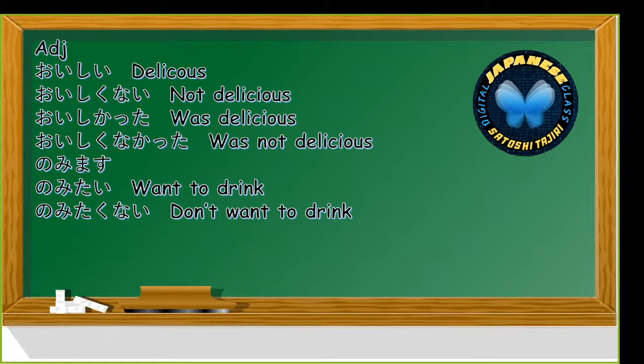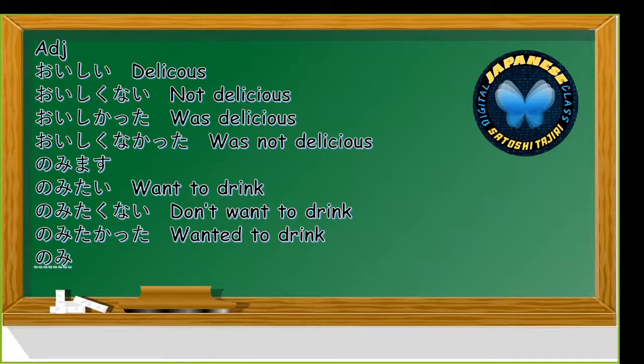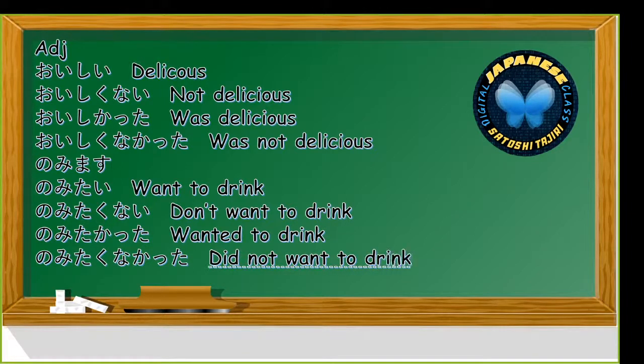Then to say wanted to drink, nomitai, dropping i and adding katta, wanted to drink. Then to say did not want to drink, nomitai, drop i, then kunai, drop i and adding katta, nomitakunakatta, did not want to drink. Do you understand?